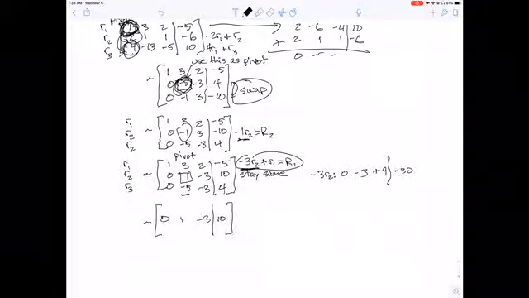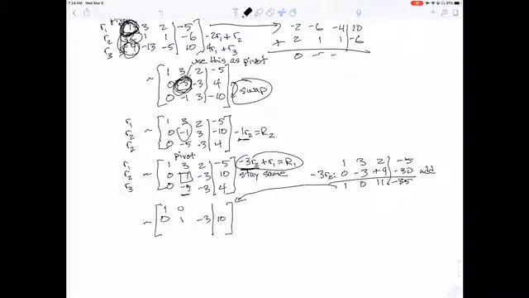Row 1 is what I'm writing right now. I've got 1, 3, 2, -5, and I'm going to add them up. And so my new version of row 1 is going to be 1, 0, 11, -35. And so that's what I'm going to copy as my new row 1. 1, 0, 11, -35.